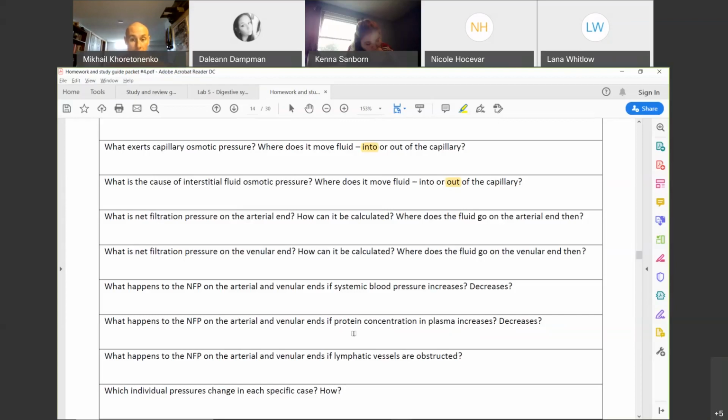So say from 10 to 9 on the arterial and from -8 to -9 on the venular. And if lymphatic vessels are obstructed, that affects interstitial fluid hydrostatic pressure. It increases it, and basically it moves more fluid from the tissue back into the capillary.